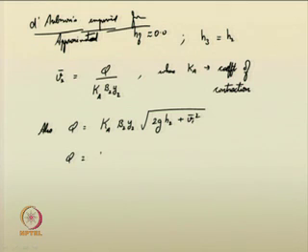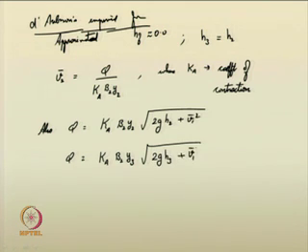Q is equal to K A B 2 y 3, because y 2 and y 3 are the same, root of 2 g h 3 plus V 1 square, right.